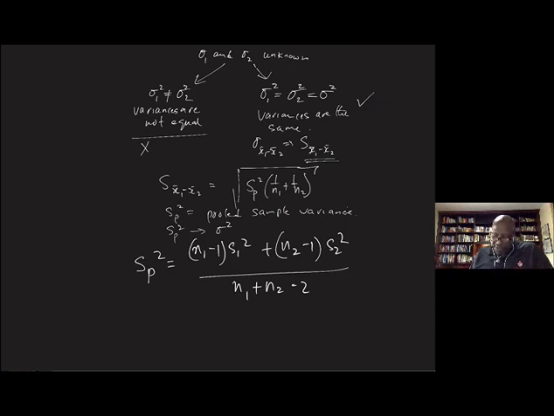So in this situation, we will have degrees of freedom n1 plus n2 minus 2, because we're going to need that. Whenever we're dealing with a t-distribution, we need the degrees of freedom. All right? So we have Sp squared. How we calculate that? We have the standard error that we're going to use. We have the degrees of freedom.